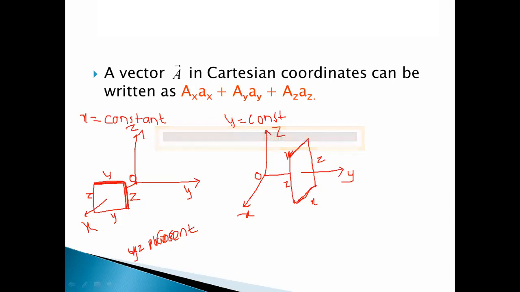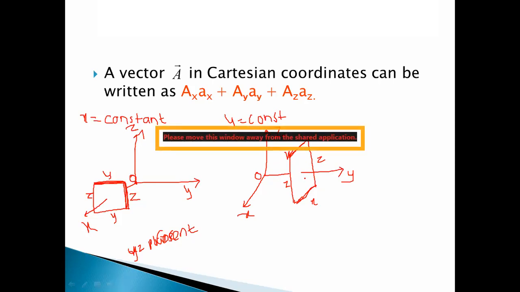Correct. Means when y is equal to constant, we are considering a plane which is placed where the y-axis is perpendicular, and here it is showing some point from the origin, you can consider 5, 6, and so on.